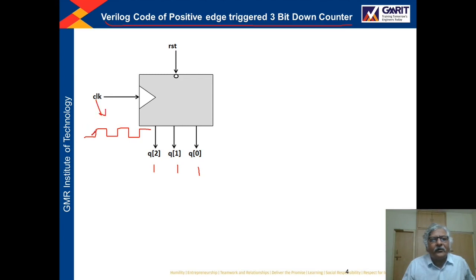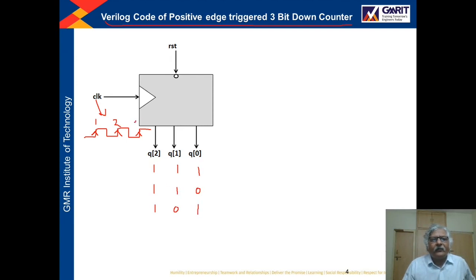Again, whenever the positive edge on CLK comes, the counter will work, but this time it will work as a down counter. With the first positive edge, the counter will go to the next state, 110. With the second positive edge, it will go to 101.